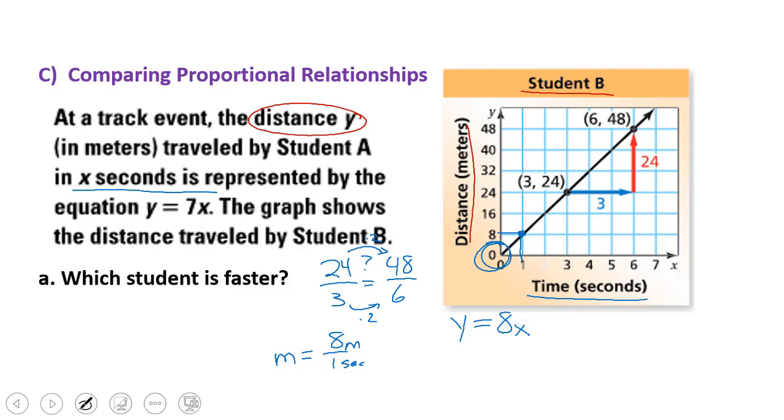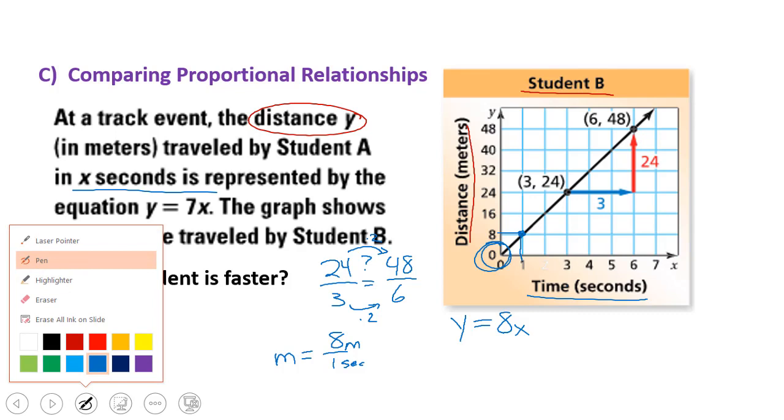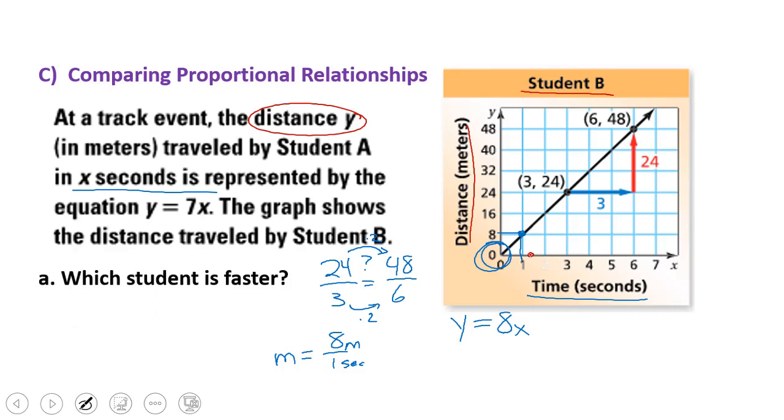And we're wondering, every single point on this line, is it a solution? In other words, if I ran for, say, 1.5 seconds, let me mark 1.5 seconds with red, would this be my distance? Is that a real point? Well, yes. So this is a continuous graph. All that data is good.